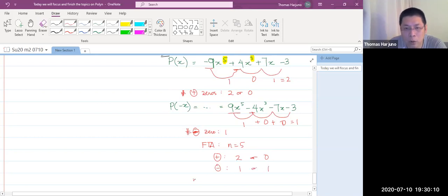So how about non-real zeros? The total has to be 5, right? So either you have 2 non-real zeros or you have 4 non-real zeros. Non-real refers to a complex number which is not a real number.